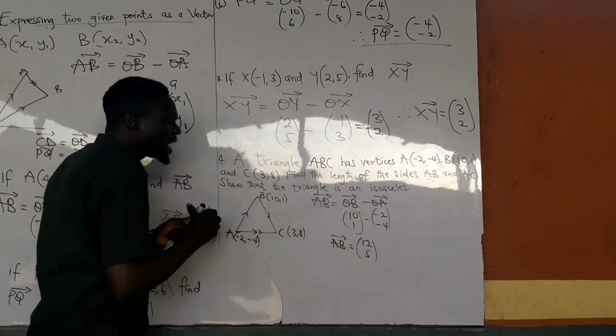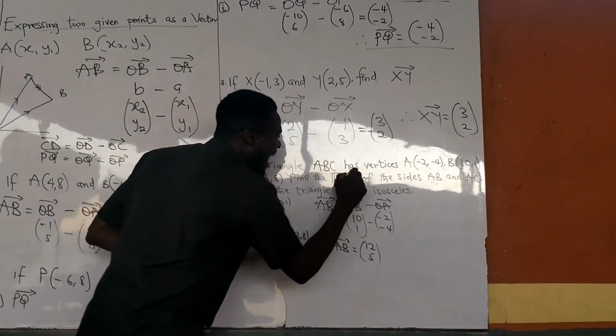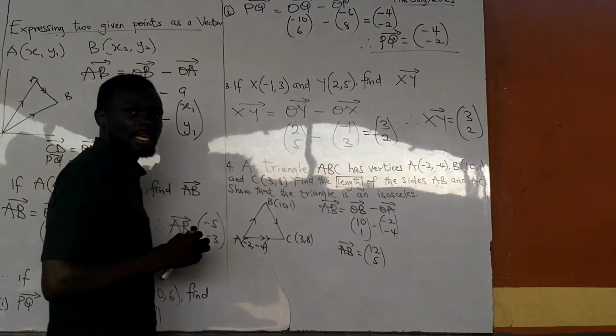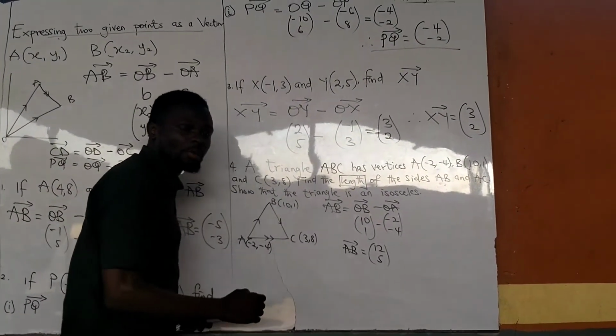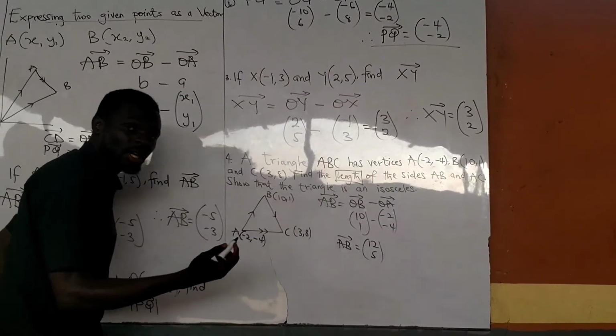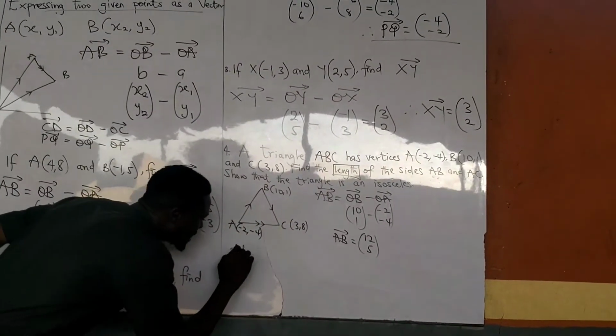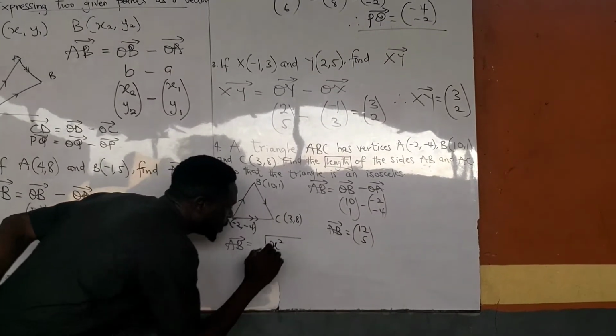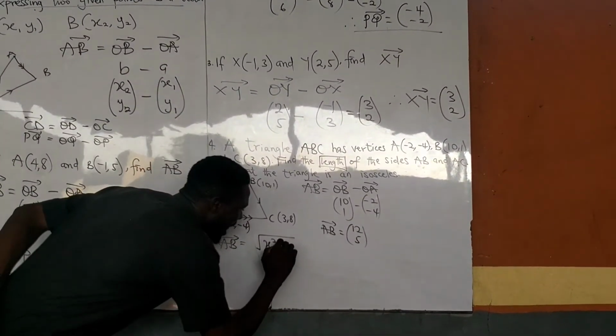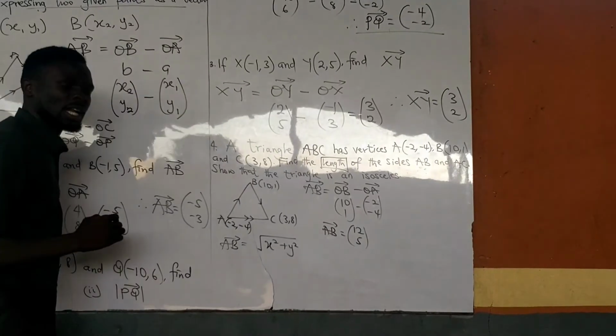But the question said find the length of AB. Now that we know vector AB, we are going to find its length. How do we calculate length? The length AB is the square root of the x component squared plus the y component squared.